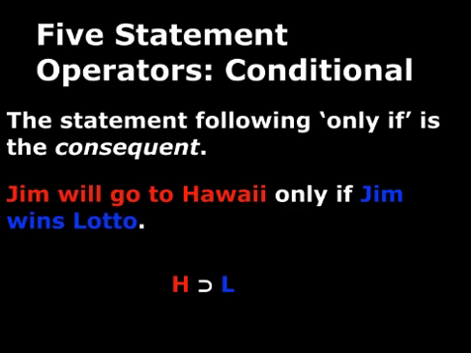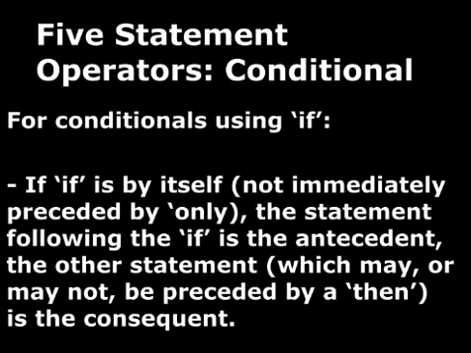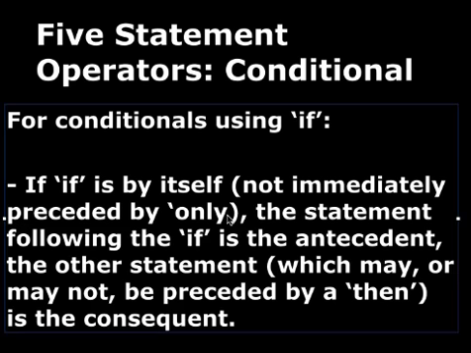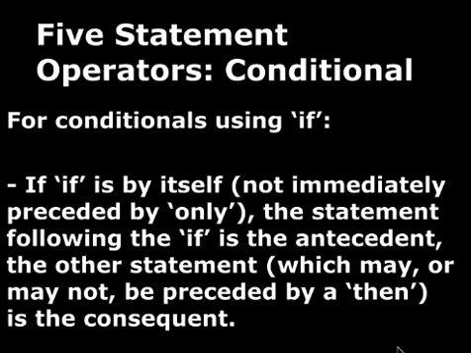Okay, so now let's just summarize this. For conditionals that use if, I'm going to get to only if in a minute, but first I'm summarizing conditionals that in English are coded with if. If it's by itself, meaning it's not only if, it's just if, then the statement following if is the antecedent.